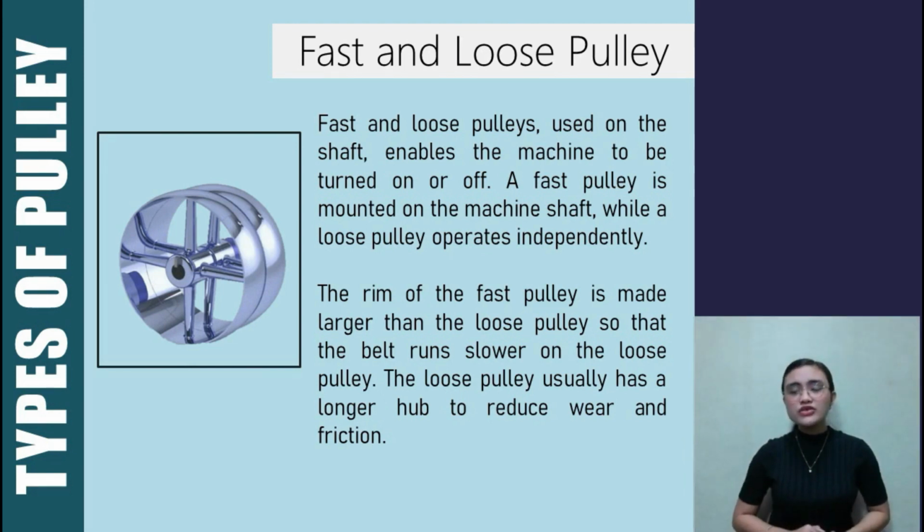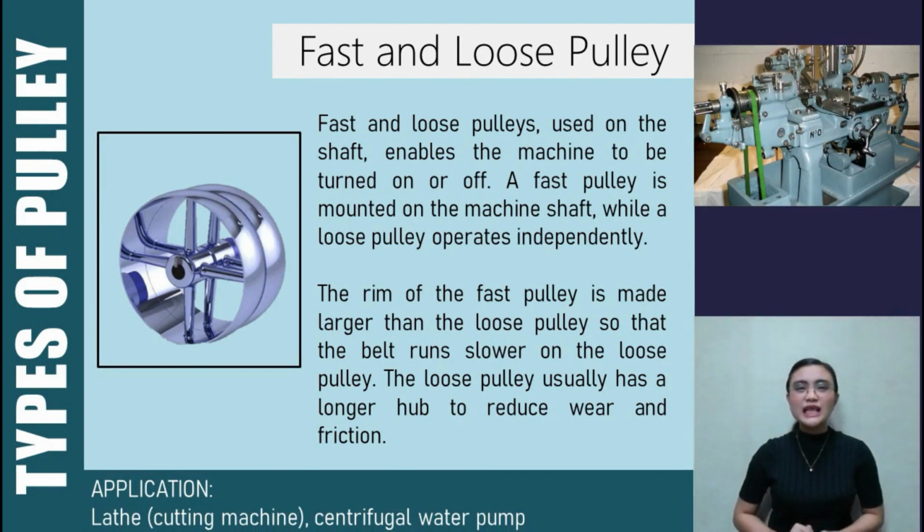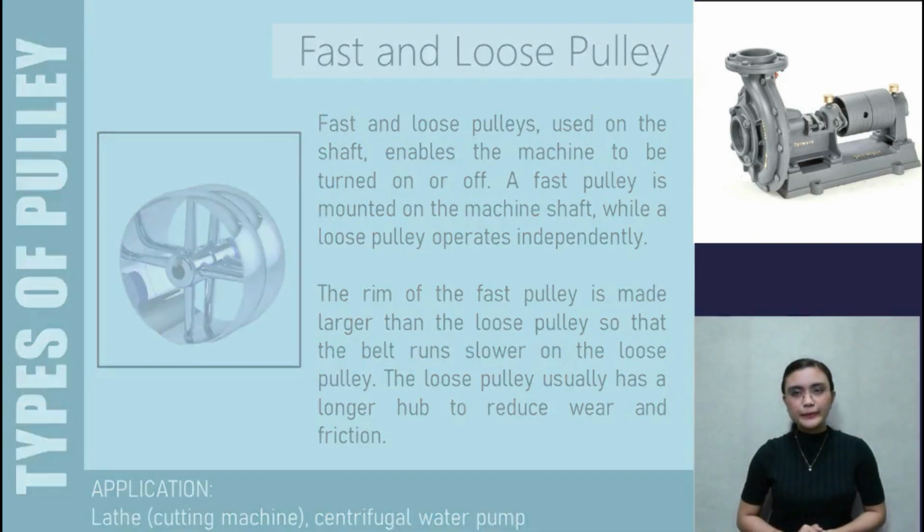The power is transmitted when the belt is on the fast pulley, while the loose pulley is only in charge of the idling of the machine but does not transfer power at all. The application of this type of pulley includes the lathe, which is a cutting machine, and a centrifugal water pump.